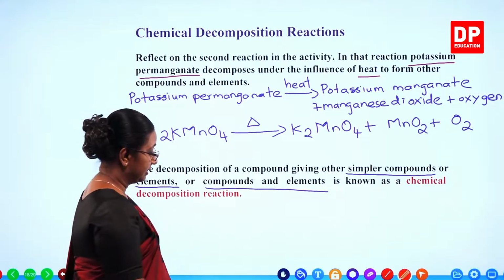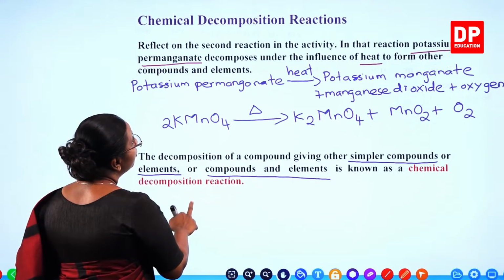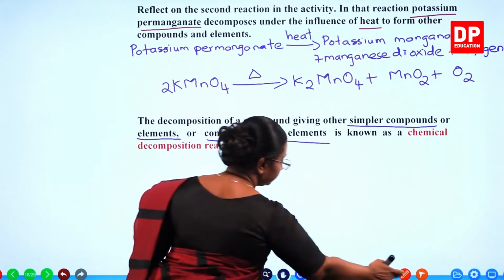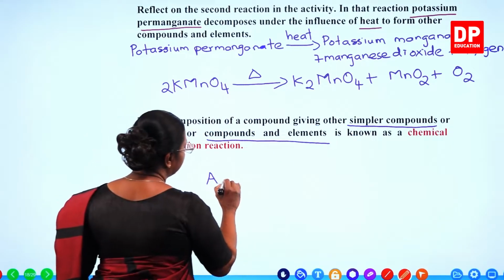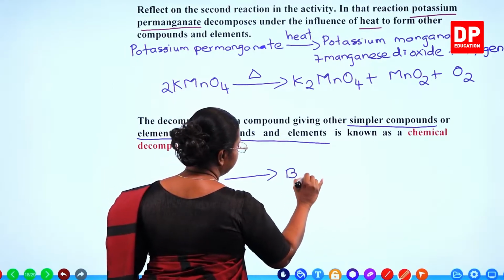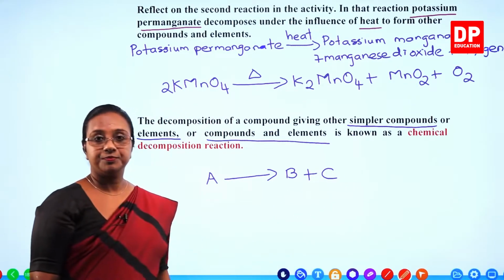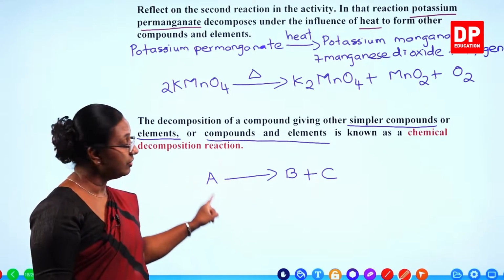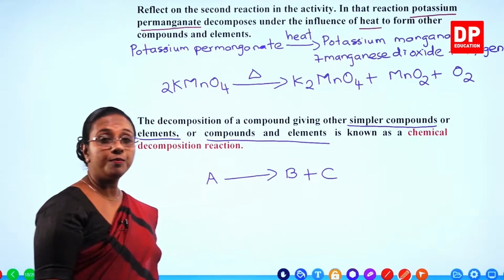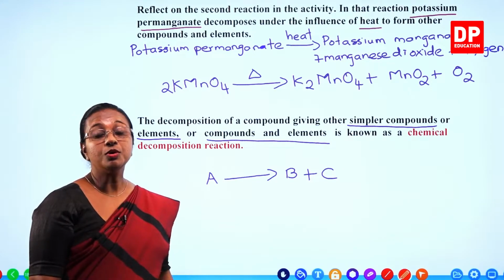So, from this, if we try to write a common equation, A will become B plus C. There is one reactant, it will be a compound that will decompose to form two or more products.